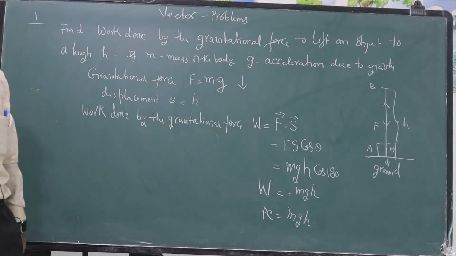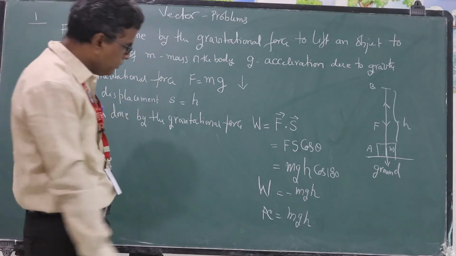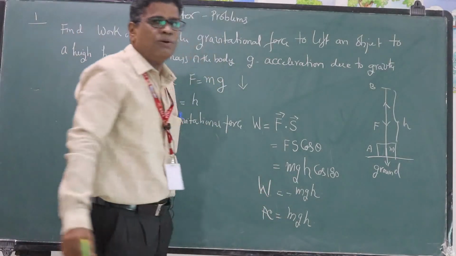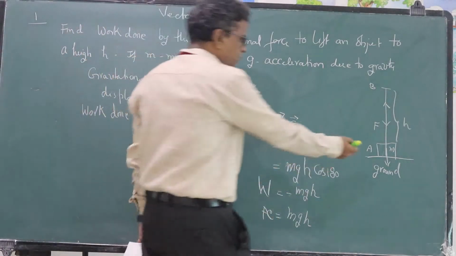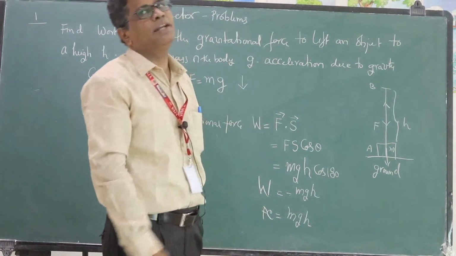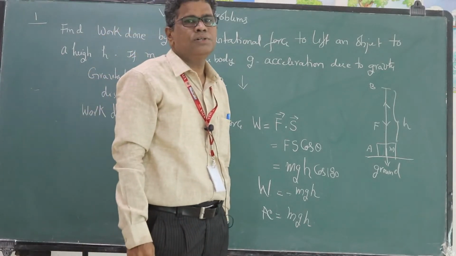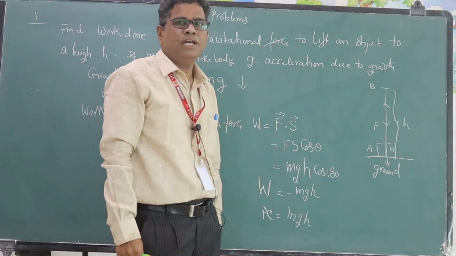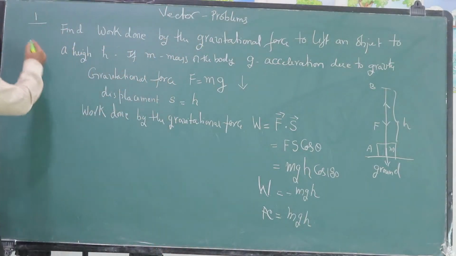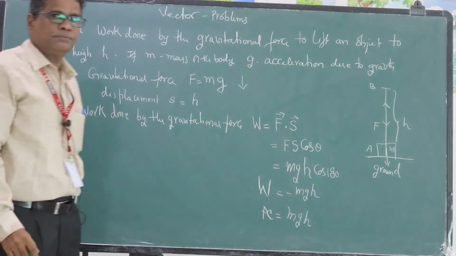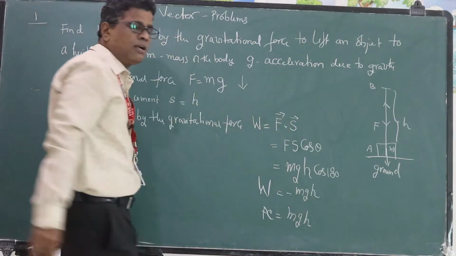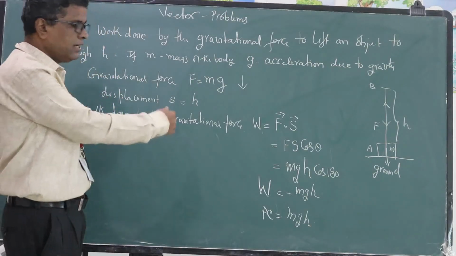If you lift this object and leave it there, it will convert into kinetic energy again. So it obeys the law of conservation of energy. So this is the answer for this problem. This is a physics problem based on dot product applications, and we calculated work done.